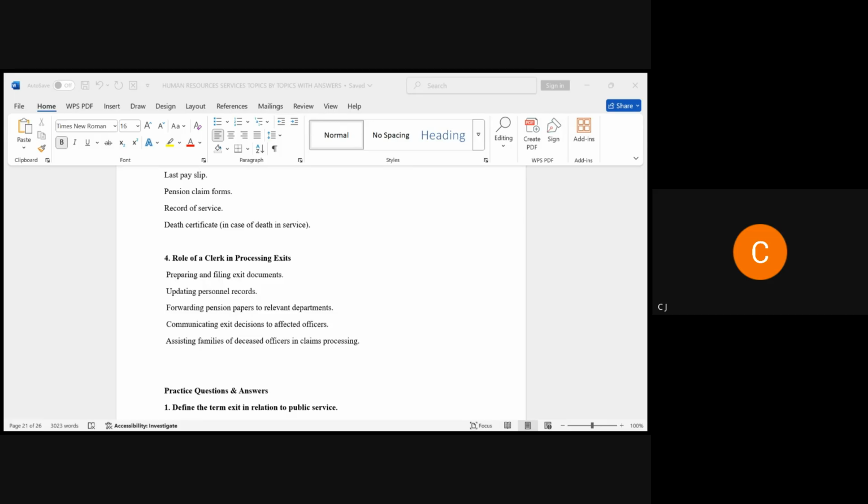Then involuntary ni ile yenye sasa wameamua kukutoa because of gross misconduct or because of redundancy in that organization. So wameamua kukutoa, ni involuntary. You didn't choose hii ofisi ikuwe abolished.